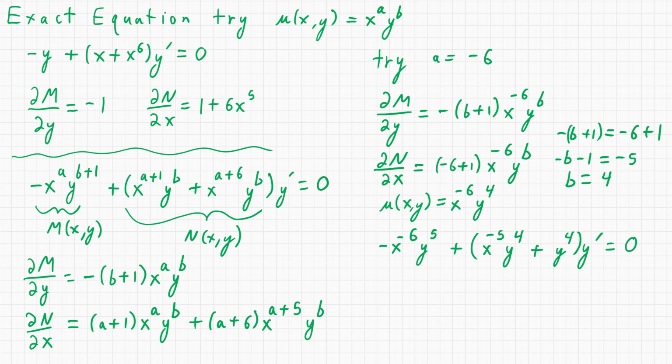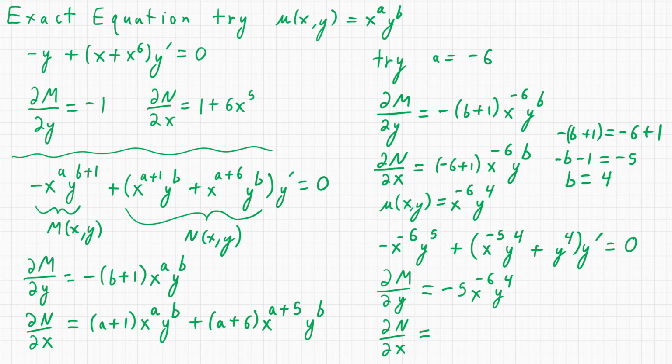Okay, and let's do our final check here. So partial M, partial y is equal to, let's see, so we have a 5 pop out, so we get negative 5 x to the negative 6, y to the fourth now. Okay, then we have partial N, partial x. So we have this x to the negative fifth, y to the fourth.